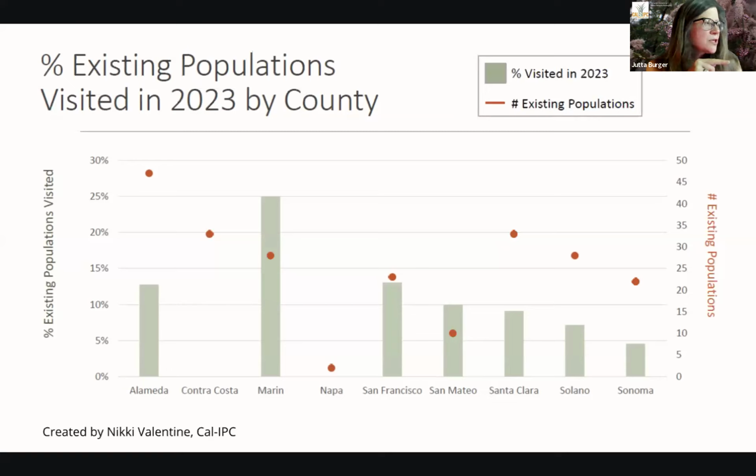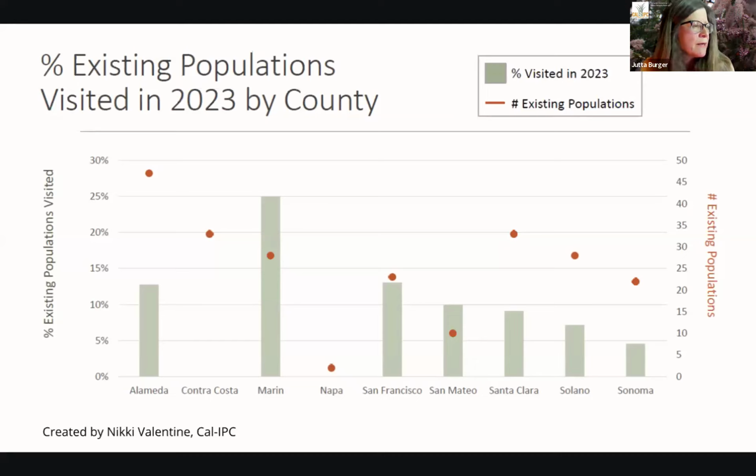Unfortunately, we don't have 100 at the top of that graph. We have 30%. So people are not getting to visiting these high priority populations. And that's why we really are emphasizing, don't forget those early detection species and working on those. And the dots are the total number of existing populations.